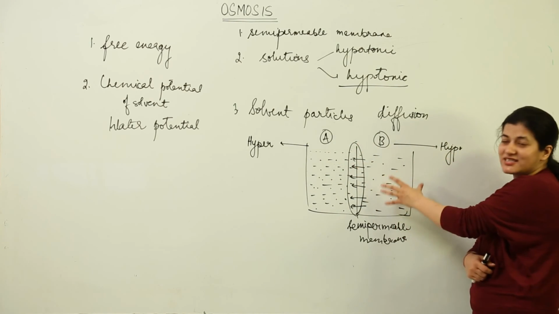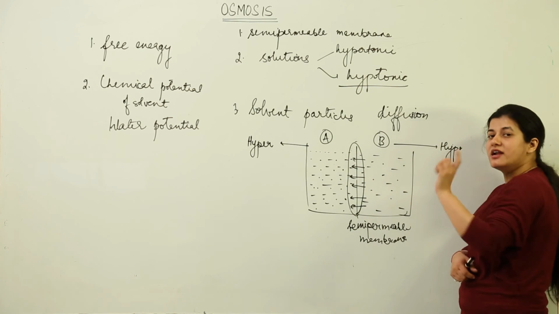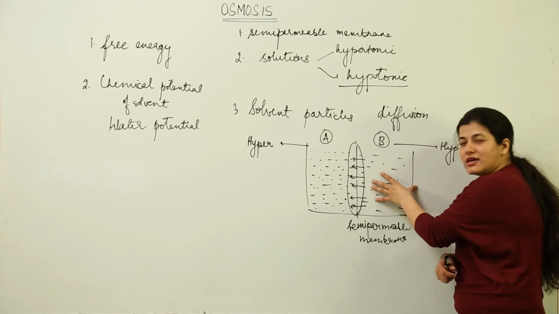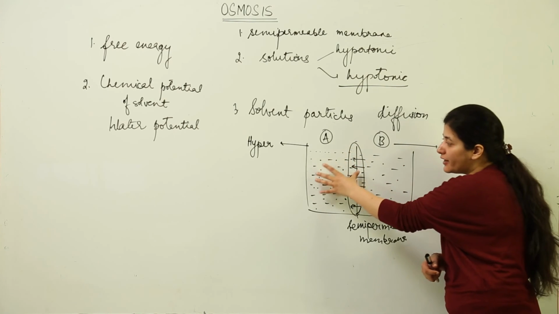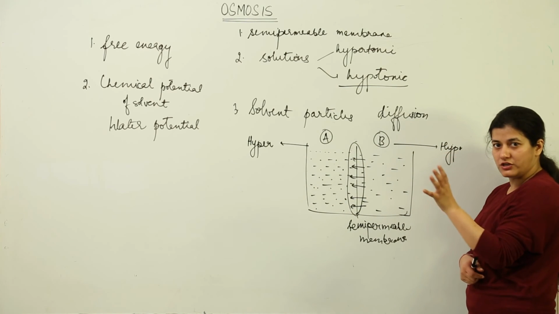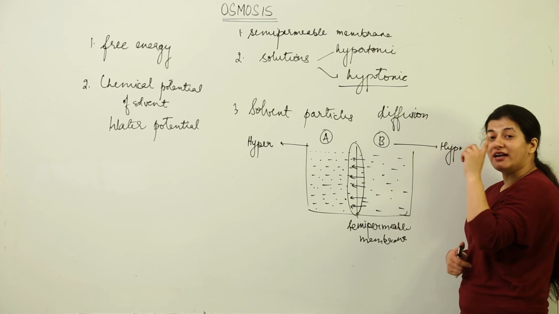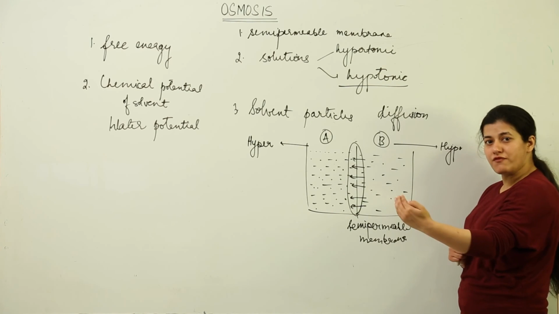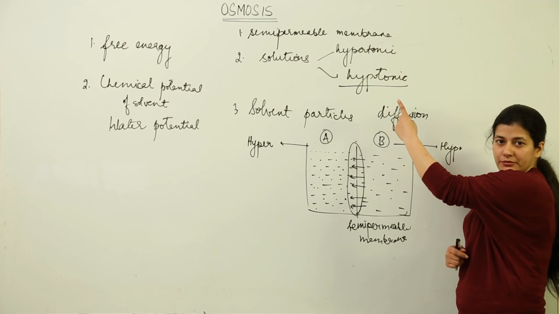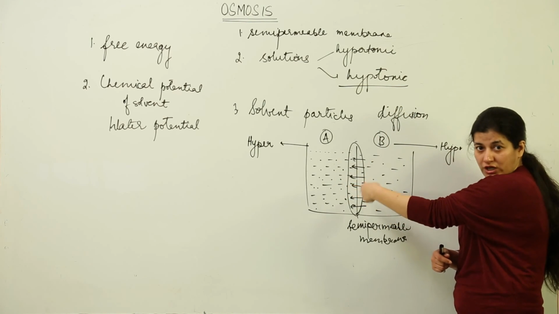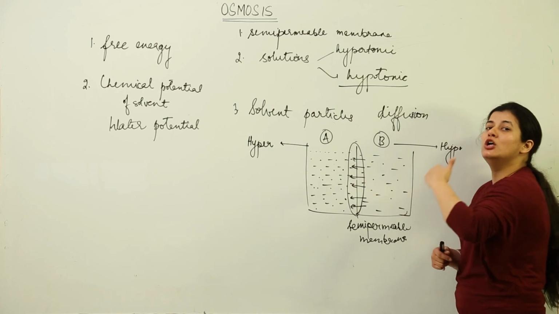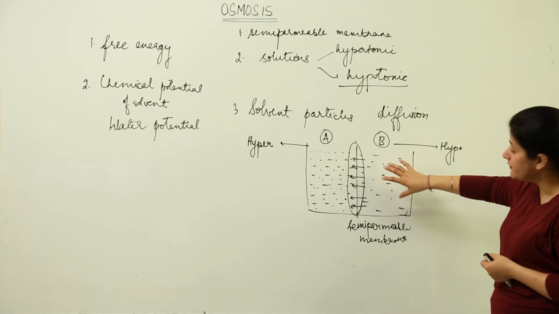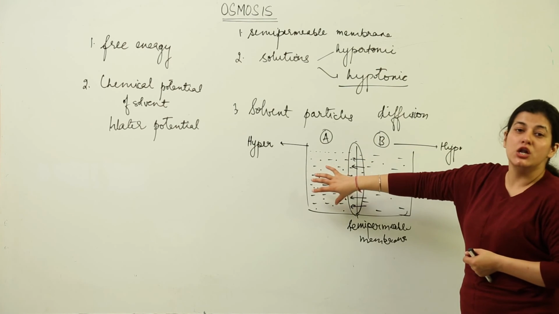Now the solvent has greater chemical potential, and if the solvent happens to be water, then solution B has higher water potential as compared to solution A. So what would be the definition of osmosis in this regard? The solution which has higher water potential enables the diffusion of water through the semi-permeable membrane to the solution in contact which has a lower water potential. So the water would move from its higher water potential to the solution which has its lower water potential.